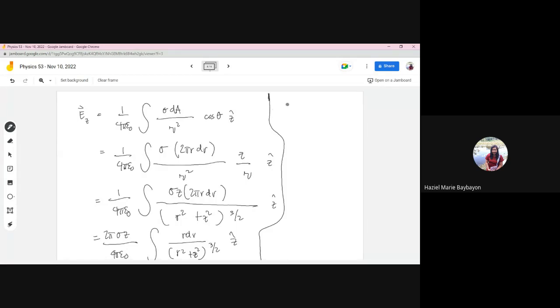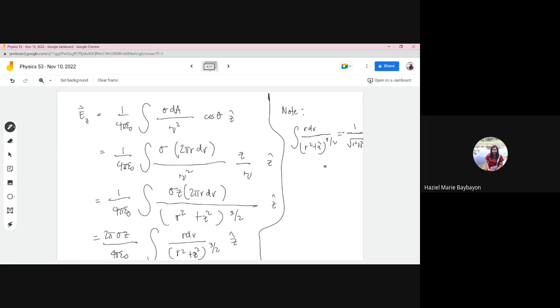Okay, so you have to take note that from the table of integrals, the integral of r dr over r squared plus z squared raised to the power of 3/2 is equal to the negative of 1 over the square root of r squared plus z squared.